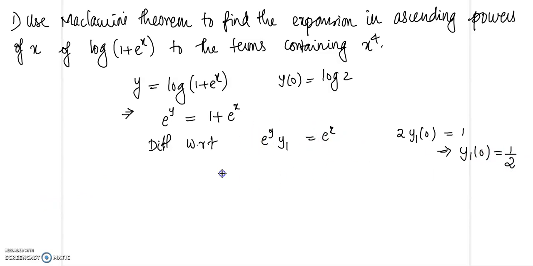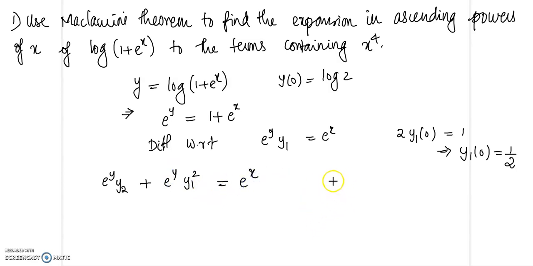So we have got this equation, e raised to y, y1 equal to e raised to x. So again differentiating, we'll get e raised to y, y2, using the product rule, plus e raised to y, y1 square, that will be equal to e raised to x.